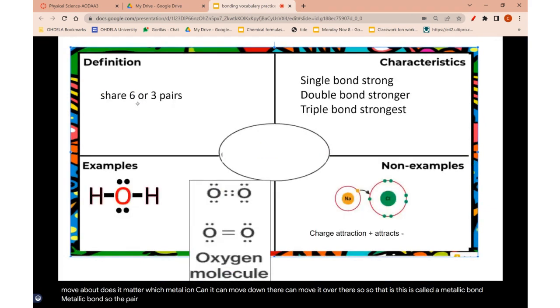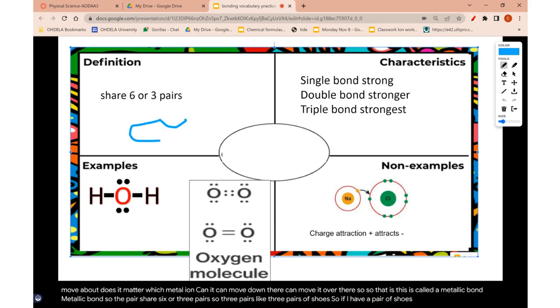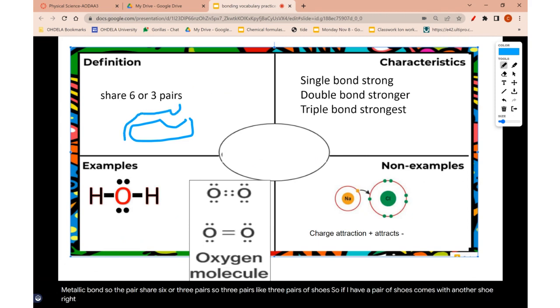So a pair share 6 or 3 pairs. So 3 pairs, like 3 pairs of shoes. So if I have a pair of shoes, it comes with another shoe, right? I can draw that together.